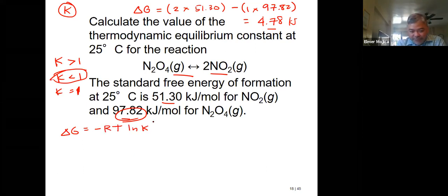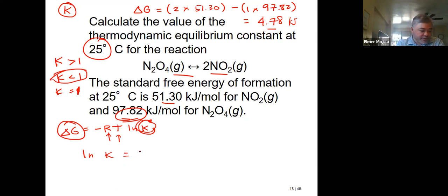So what do we have? We calculate this one. We know this one from the given here, so we can get the K. If you rearrange, you have ln K is equal to negative delta G over RT. And then I'm going to replace it with the values that we have there.